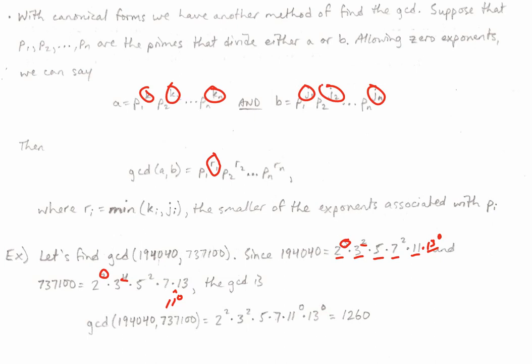So this is a really nice way to come up with the GCD for 2 larger numbers, 6 digits, 7, 8, 9. The most painful part is coming up with the canonical forms for each of your 2 numbers on their own. But then once you do that, finding the GCD is pretty straightforward.